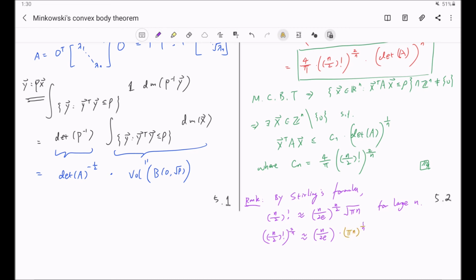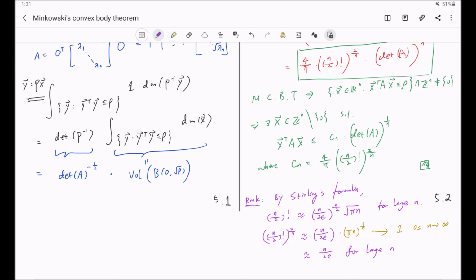However, this part will converge to 1 as n goes to infinity, which means this guy will be approximately n over 2e for large n.